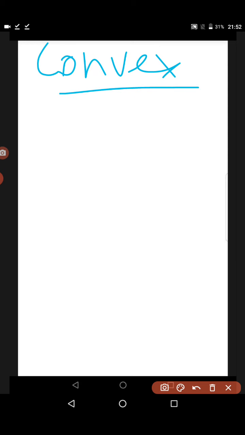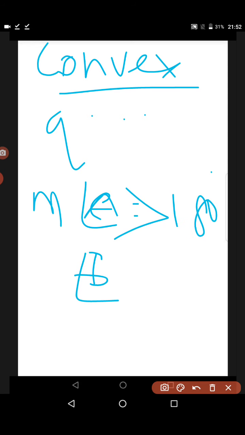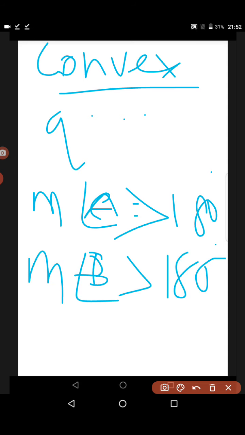So what is convex? The quadrilateral in which the measure of each angle is less than 180. So the measure of every angle. Suppose the measure of A should be less than 180. Measure of B, where M means measure of the angle, okay, less than 180 degrees it should be.